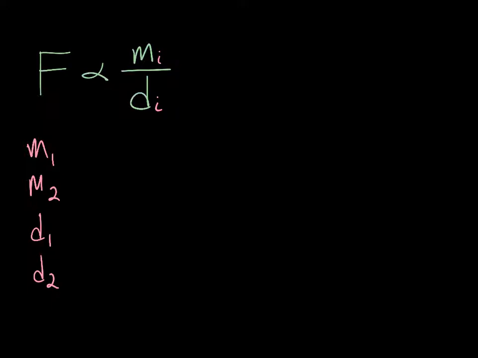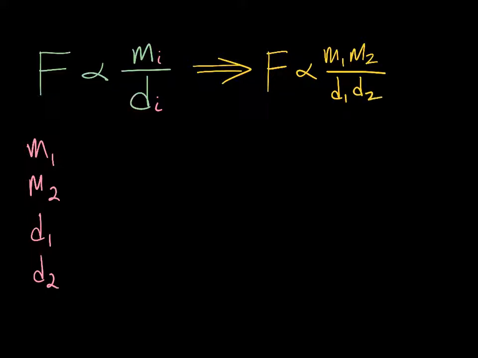But since I have multiple masses in direct proportionality with the single dependent force that's equal and opposite, this means that my force is directly dependent on the product of those two masses and indirectly dependent on the product of the two separation distances, which are the same magnitude.